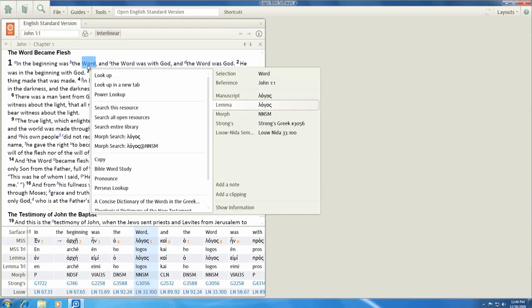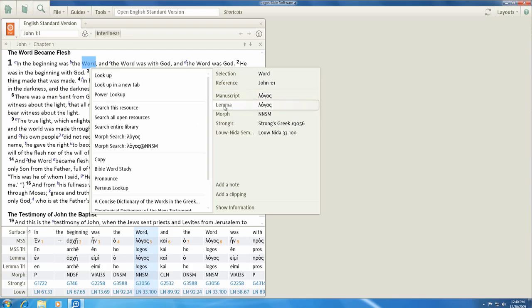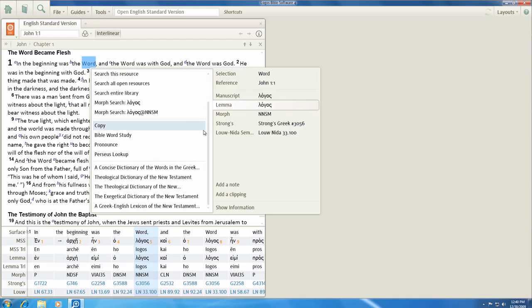And remember, we want to have lemma selected, not manuscript. If you have manuscript selected, you'll have a pretty sparse menu to draw from here. But if you have lemma selected, you'll notice that you have a variety of options here. We can search. We have links to our different dictionaries. For right now, I want us to look at the Bible Word Study and launch that.